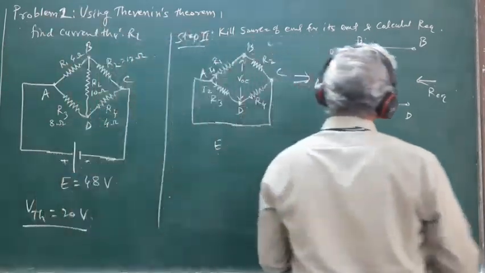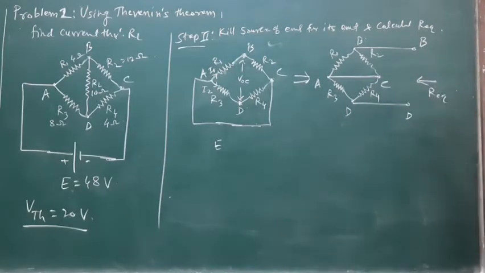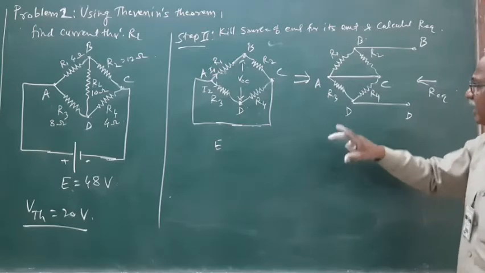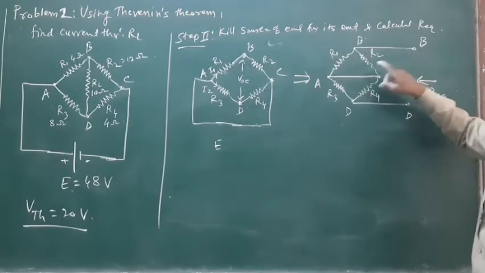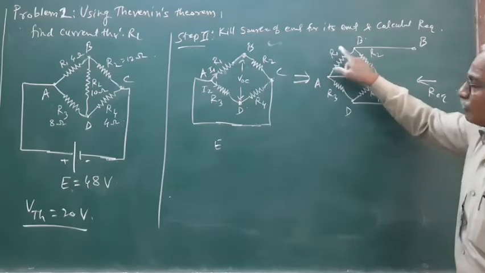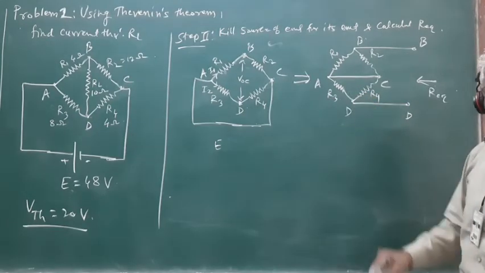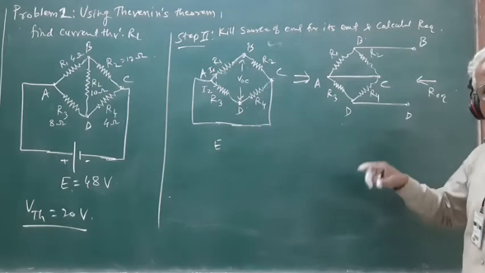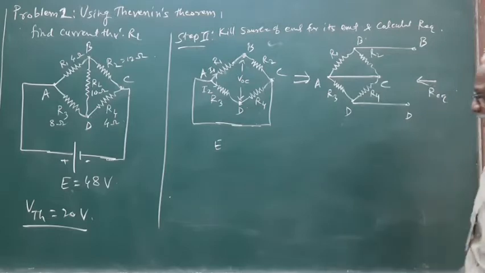When we view this network backwards from the open terminals B and D, it appears that two parallel combinations are connected in series across the terminals B and D. The first parallel combination is of R1 and R2, the second is of R3 and R4, and these two are connected in series across the open terminals B and D.